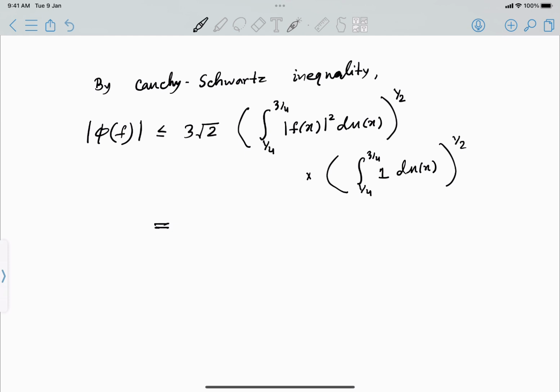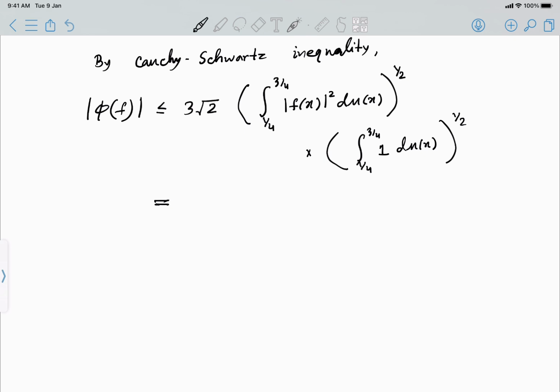So note the right hand side, you can write it. If you calculate the integral from 1/4 to 3/4 of 1 d mu(x), what you will get is 1/2, so its square root is 1 by root 2. So 3 root 2 times 1 by root 2, and I am dominating the integral of f squared by the integral from 0 to 1, because this is bigger.